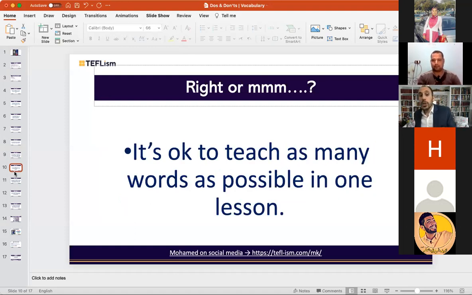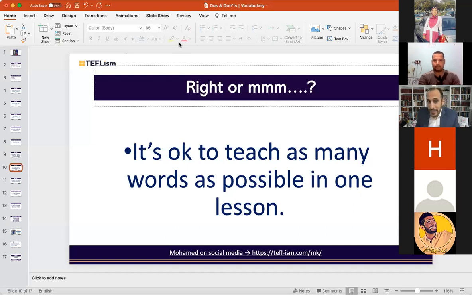Okay, next issue: to teach as many words as possible in one lesson. What do you think? Okay, let's stop the comments here.